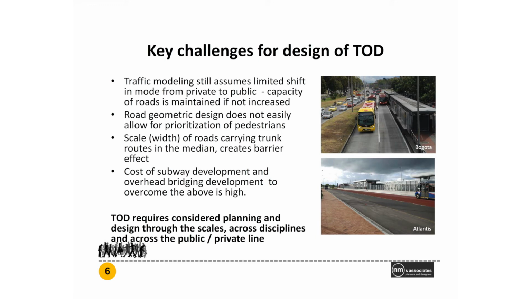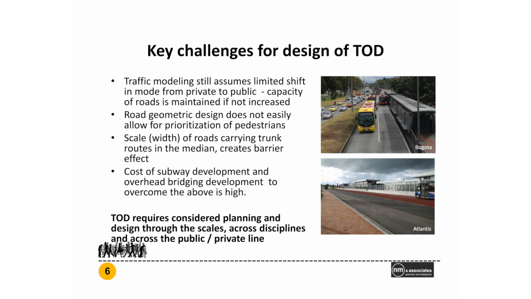Road geometric design does not easily allow for prioritisation of pedestrians, and the scale, the width of the roads carrying these trunk services currently is already, for me, a problem. The lower images are of Atlantis, and they serve as a barrier currently. I'm sure in 20 years' time it will change, but it is an issue and a challenge that we need to be aware of.